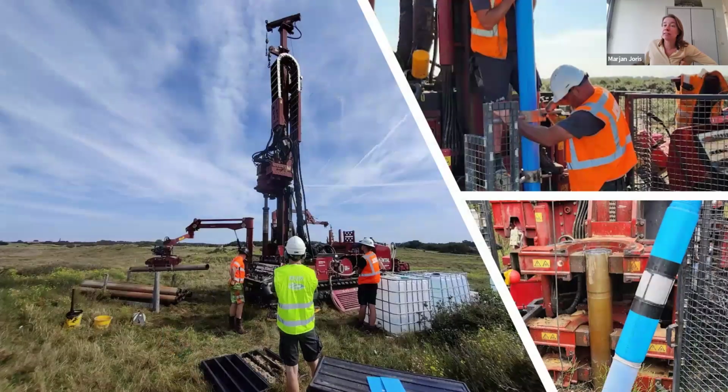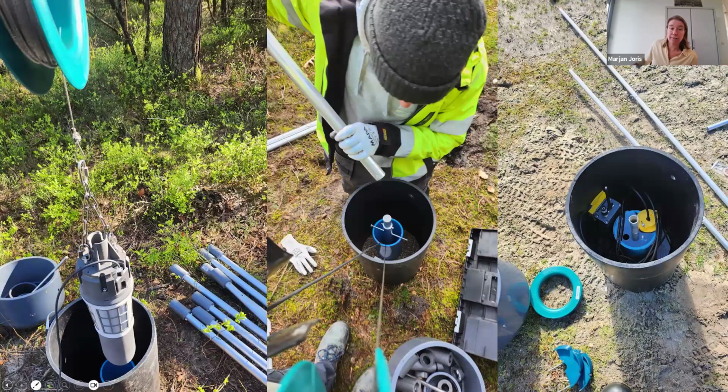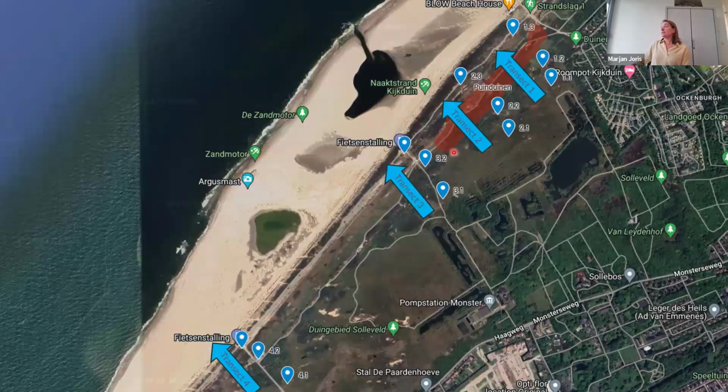So here we see some pictures of the installation of the flow sensor, the pre-pack filter, and here, especially for the deeper wells, sonic drilling is used to install this one. And here you can see the installation of the sensor with the data transmitter finished in the protection cap. Here again, you see the different transects where we are measuring.